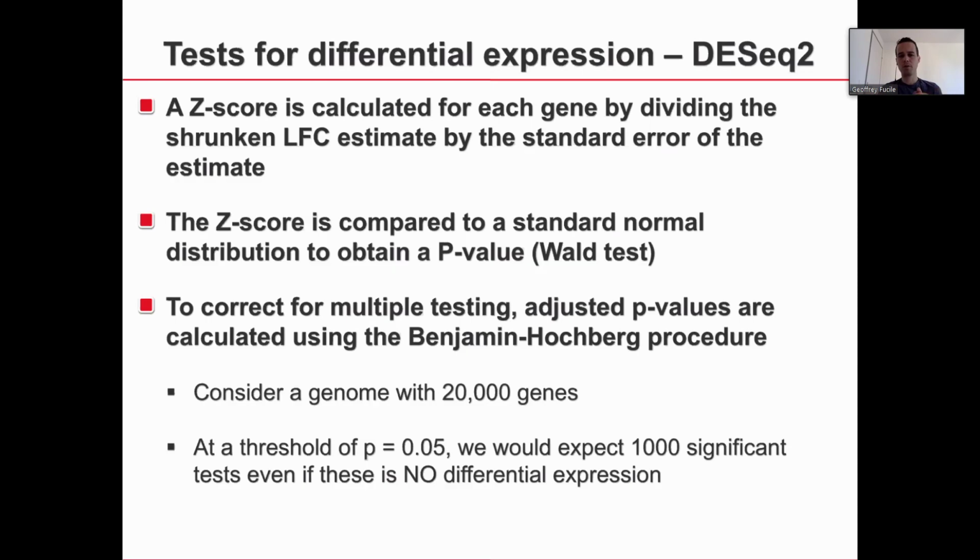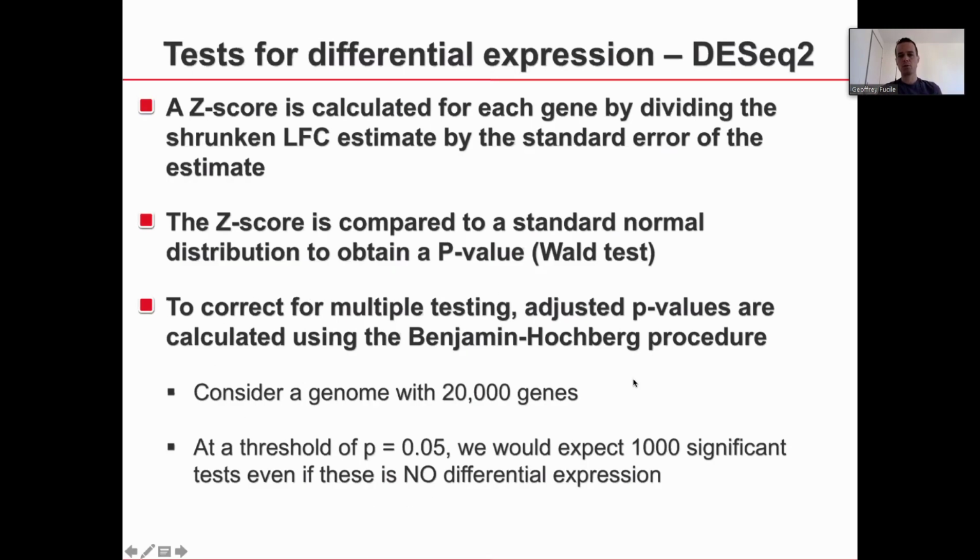So a lot of what these packages do is take advantage of the number of genes you're looking at to do some corrections for your variance estimates. But in the end, you do something like a t-test to look at the difference between condition A and condition B, and then you get a p-value from this test.